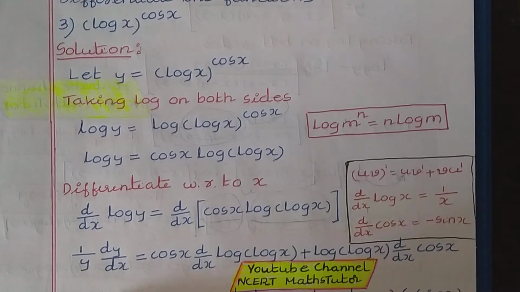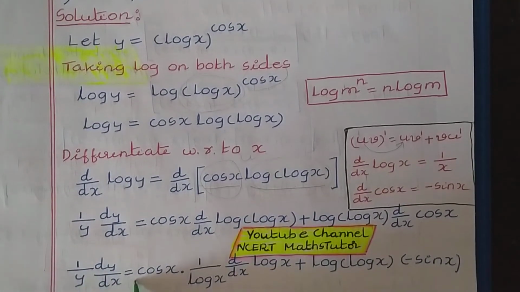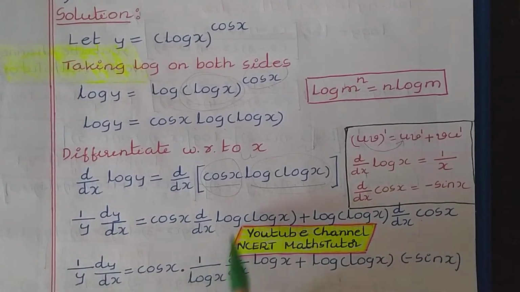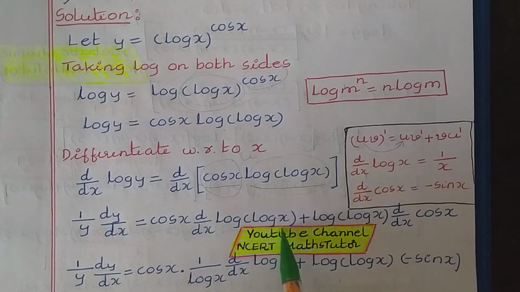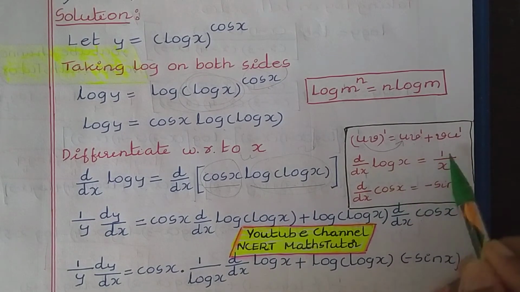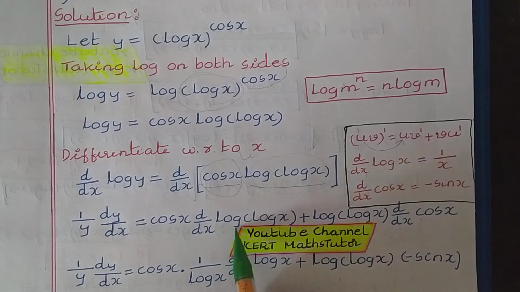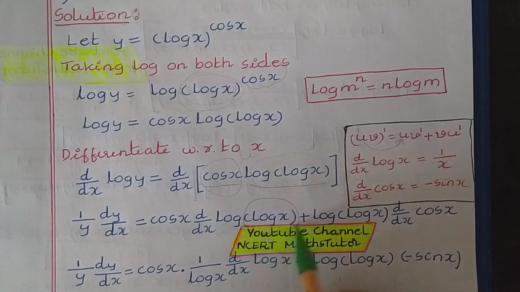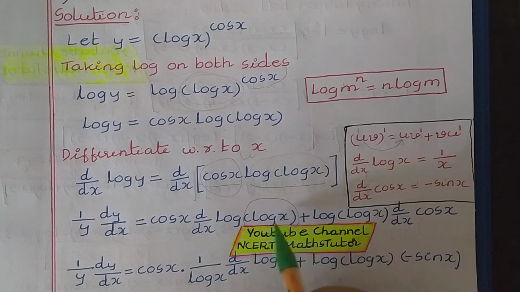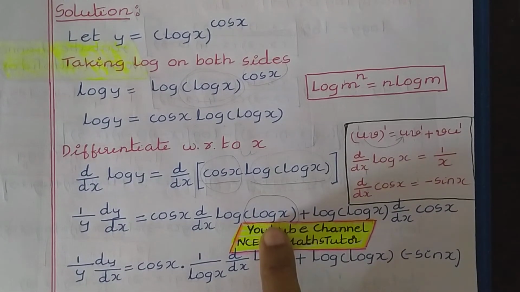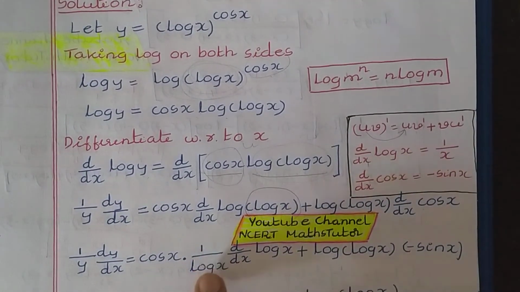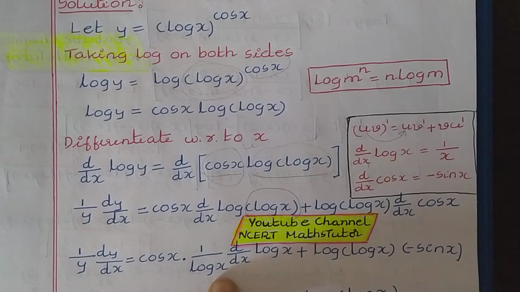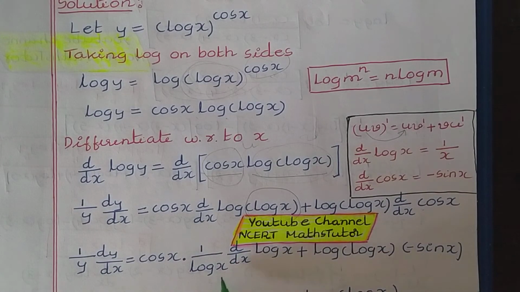1 by y dy by dx is equal to cos x into derivative of log(log x). Derivative of log x is 1 by x. Here we have log x, so in the place of x we have log x. So this derivative we can write as 1 divided by log x. Then further here you have to apply the chain rule.